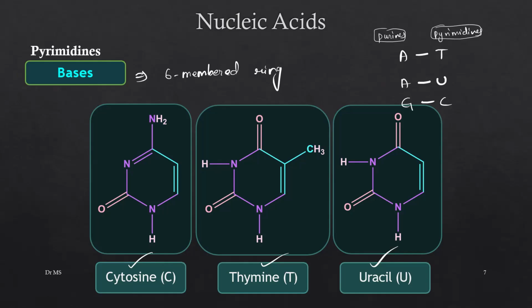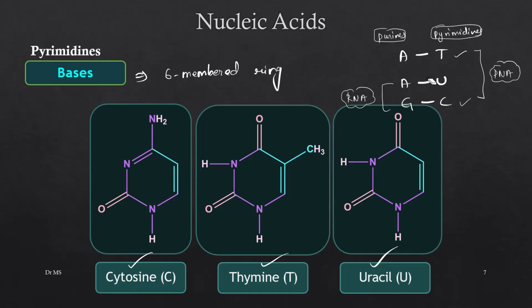Remember this. Adenine and thymine, guanine and cytosine, you will see in the DNA. Adenine and uracil, guanine and cytosine, you will see in the RNA. Because in DNA you have thymine, and in RNA, instead of thymine, uracil is present. This is the second difference. What is the first difference?